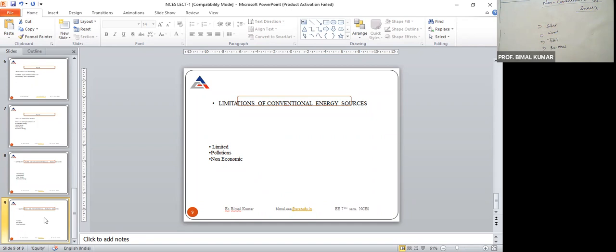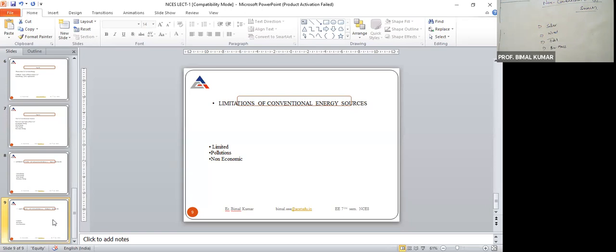Then what are the limitations of the conventional sources of energy? One is limited reach, right? That means these sources are available for some of the time period. If you are talking about coal, it will take a very long time period to produce coal, right?